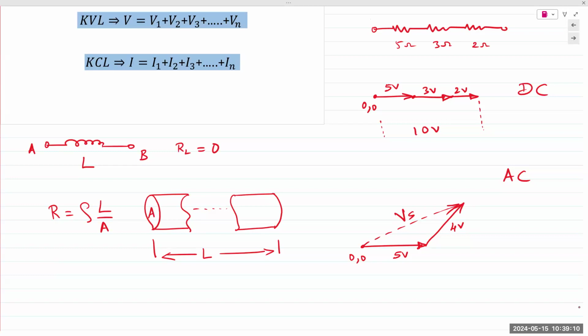Inductance is directly proportional to the number of turns, meaning the larger the inductance you want, the higher the number of turns. But as the number of turns increases, the length of the actual coil increases. So it's a trade-off between a higher value of inductance versus higher resistance.